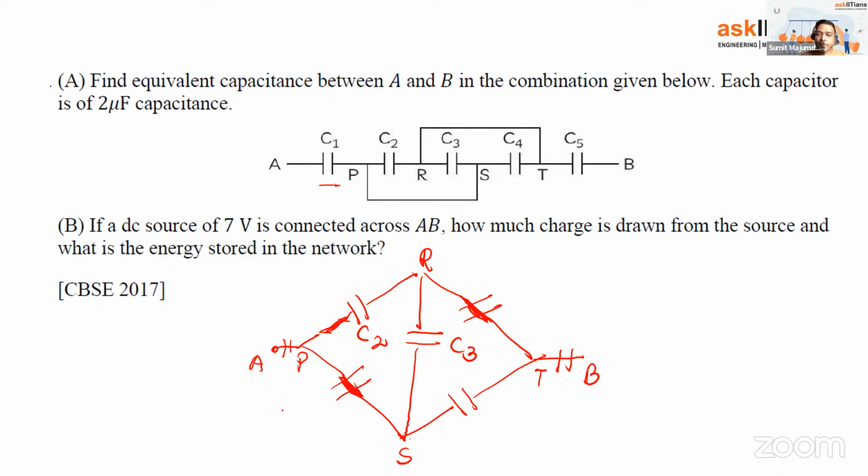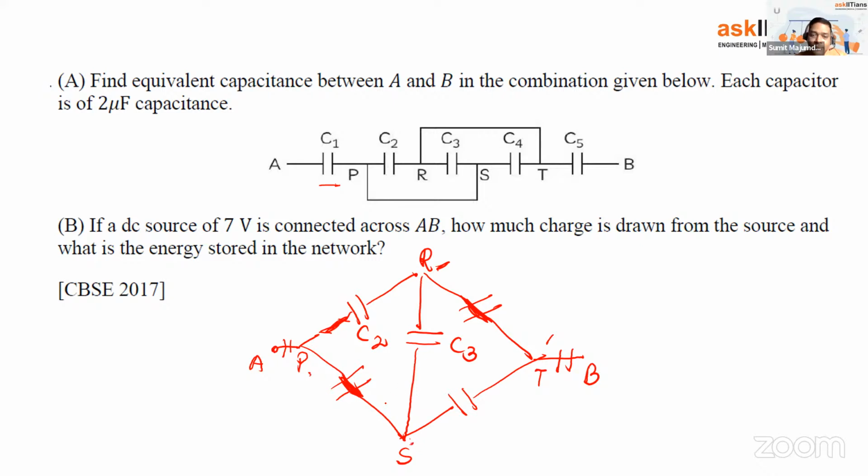Correct? You have a capacitance here, and a capacitance here. So now you can clearly see that it's not a balanced Wheatstone bridge, right? But having said that, you can clearly see one more thing. R and T are at the same potential because there is no potential drop between R and T. There is no capacitor, so no potential drop. P and S are at the same potential, correct?